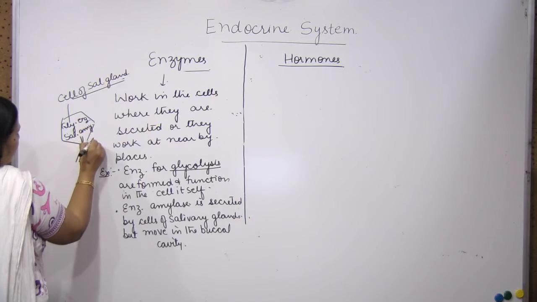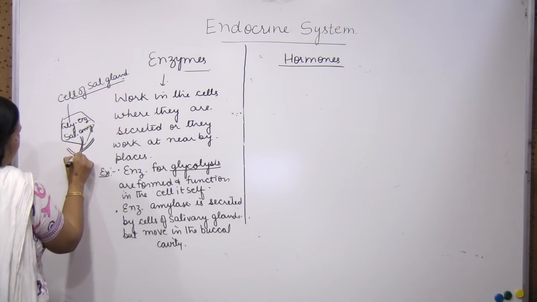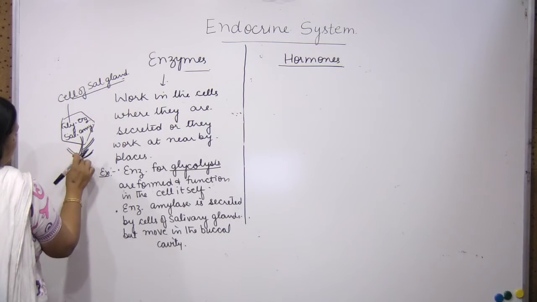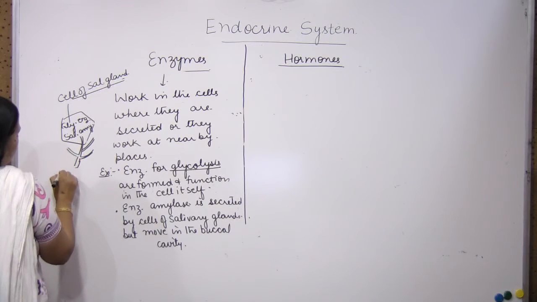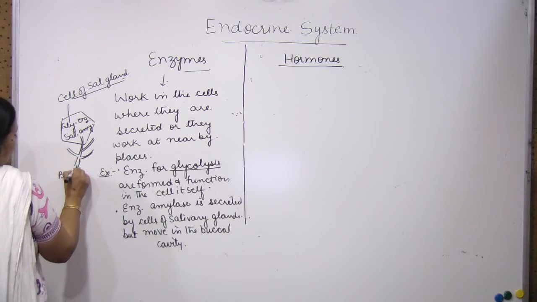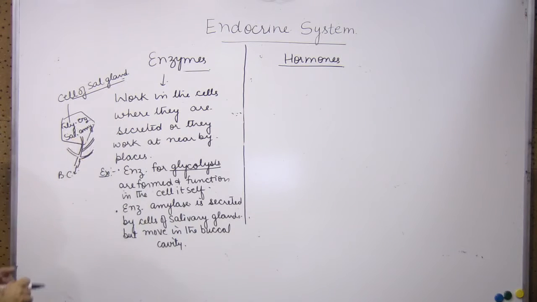There are very small ducts from each cell, and all these ducts open in the large duct, and this duct opens in the buccal cavity where the salivary amylase is secreted, right?